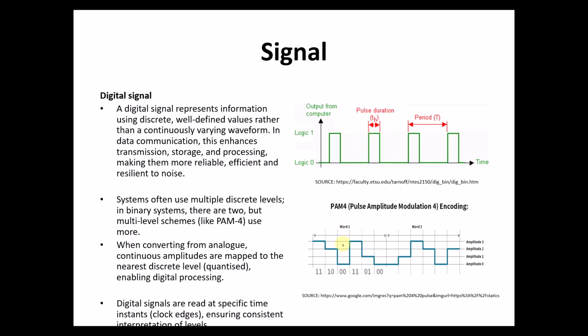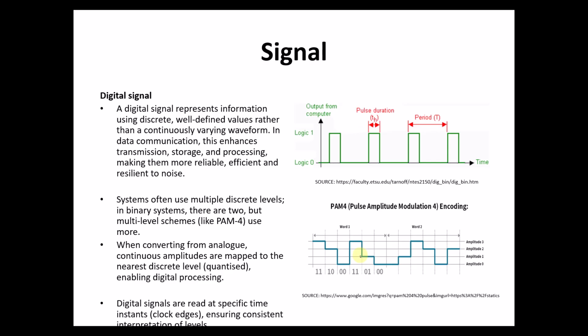And then the next example shows a more complex example of a discrete signal, where systems often use multiple discrete levels in binary. So there are basically two levels, either a 0 or a 1, or an off or an on. Normally we represent off with a 0 and on with a 1.